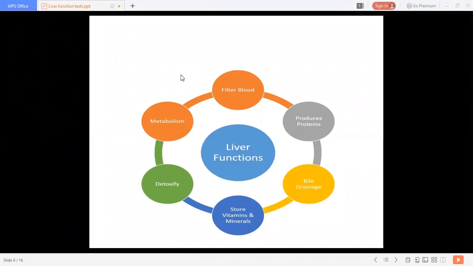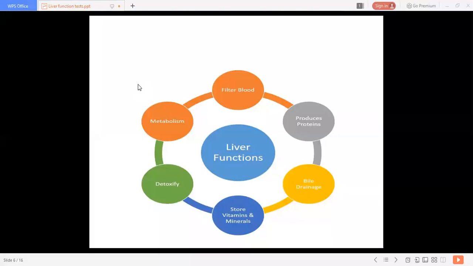First is gamma globulin, then beta globulin, alpha 1 and alpha 2 globulin. These are the 4 main globulins, by knowing the levels of which we can judge disease of the liver or decrease in the biosynthesis capacity of the liver.